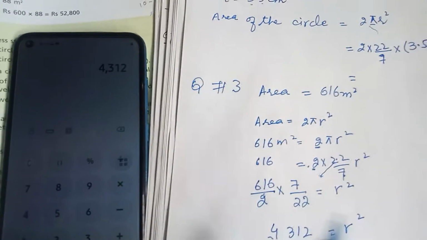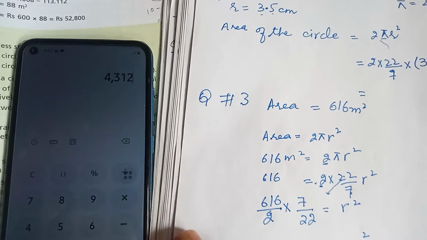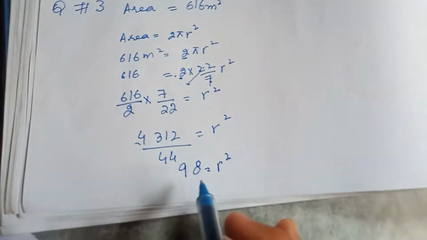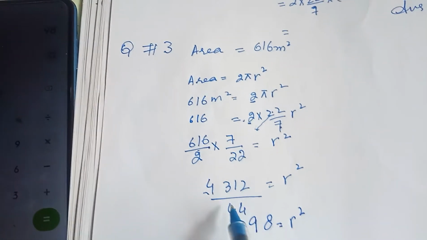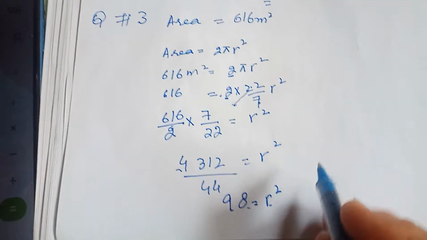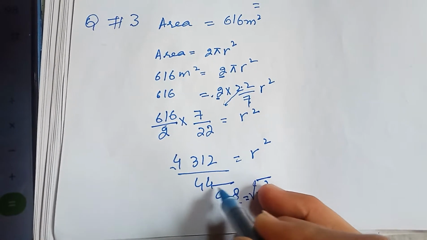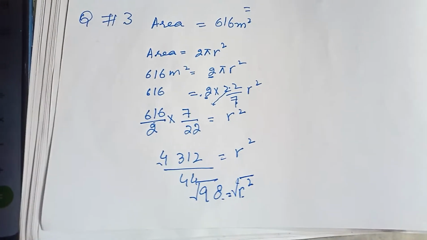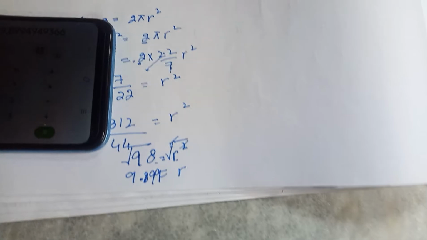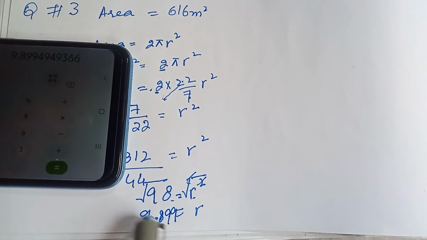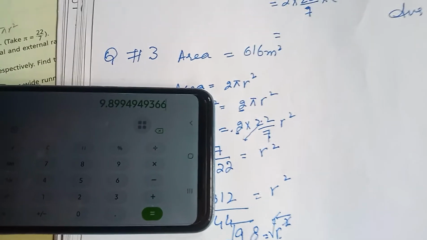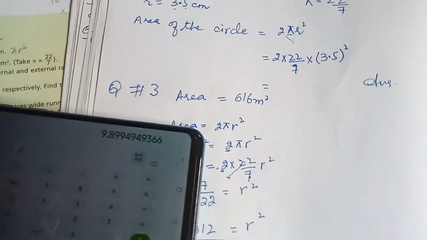So when we divide these two, as you know, we get 98, but it is the radius square and we just have to find the radius, so we will take the square root. After taking its square root, it is 9.899 and so on, but we will write only 3 terms after the decimal point. Now comes question number 4.